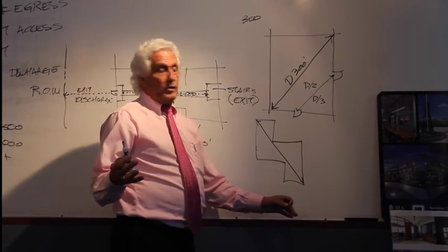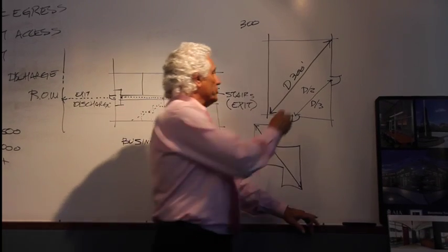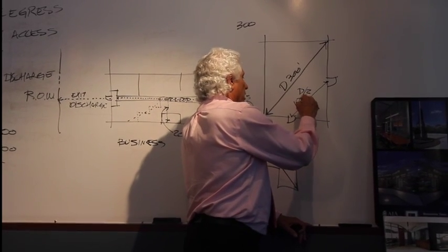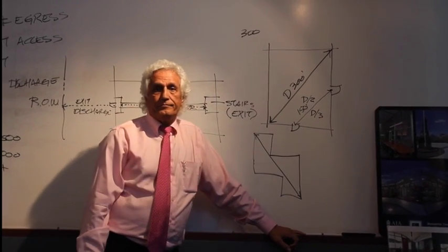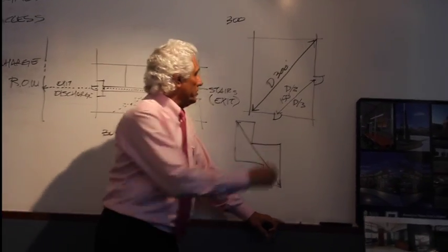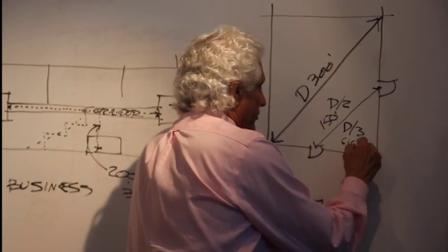So if it's not sprinkled, those doors have to be 150 feet apart. If you are sprinkling the building, they only have to be 100 feet apart.